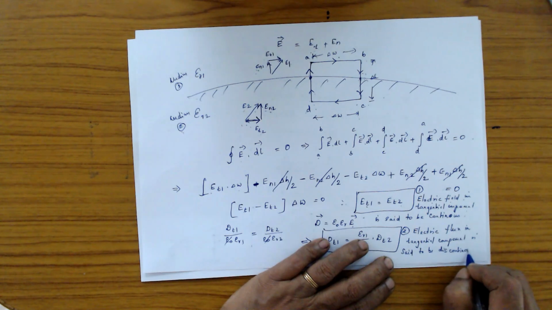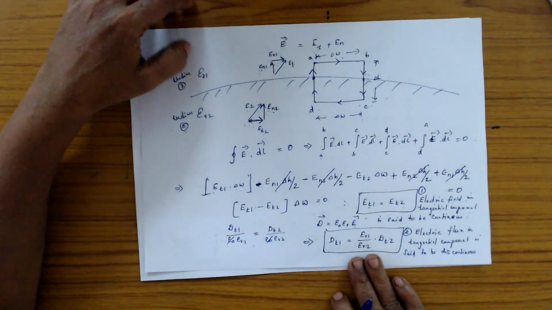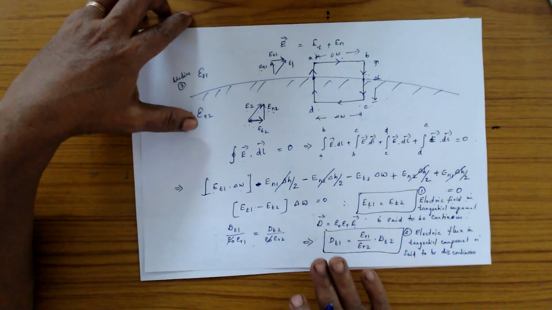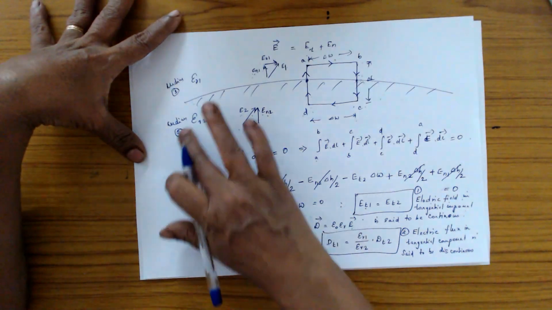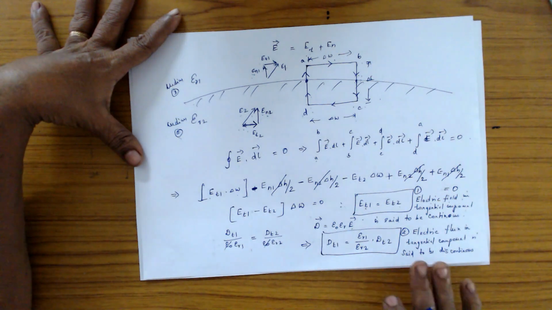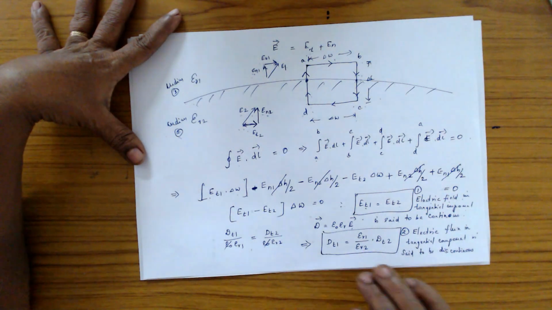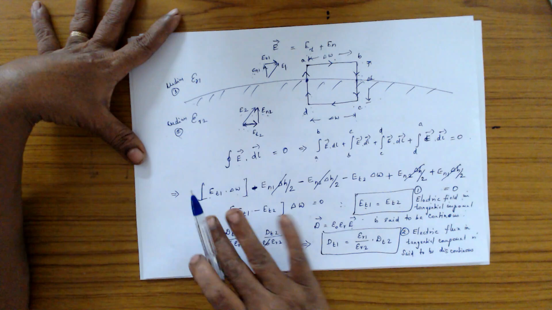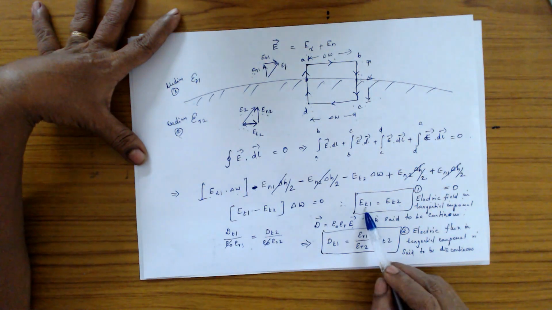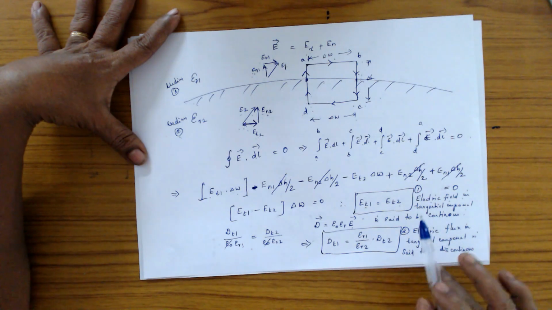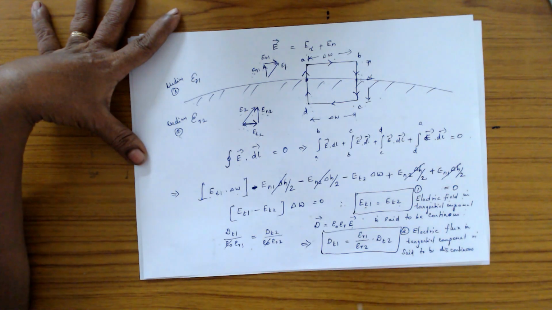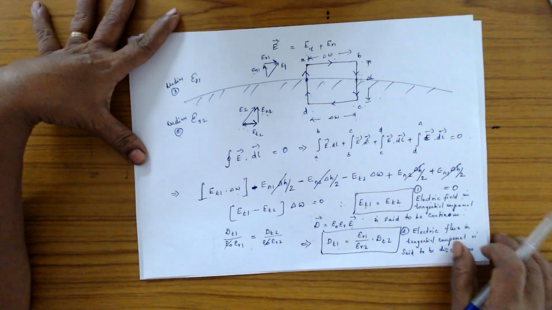This is my first boundary condition. For the tangential component we have analyzed that ET1 is equal to ET2. If the tangential component of the electric field remains the same or continuous, the tangential component of the electric flux may not be the same, therefore it is said to be discontinuous.